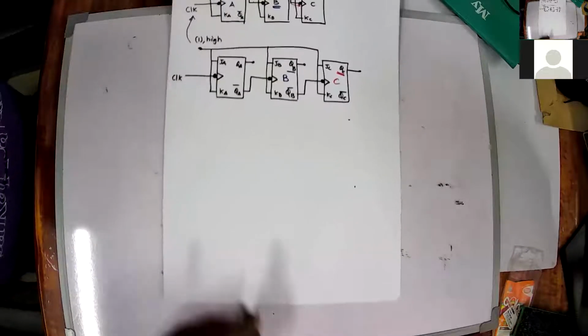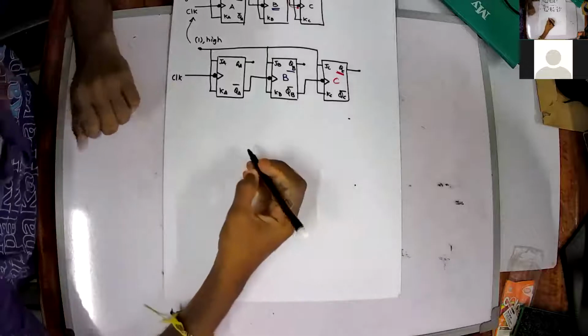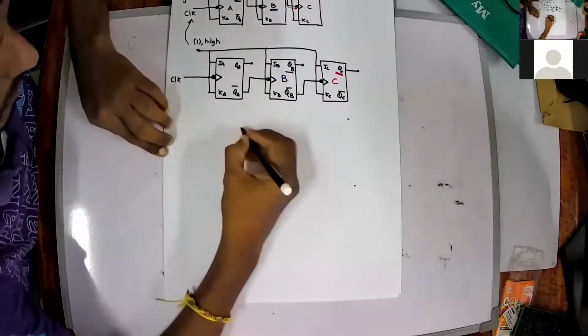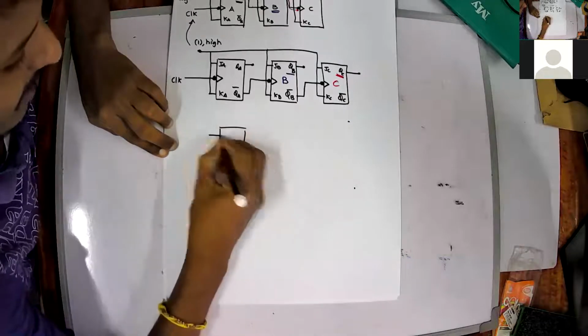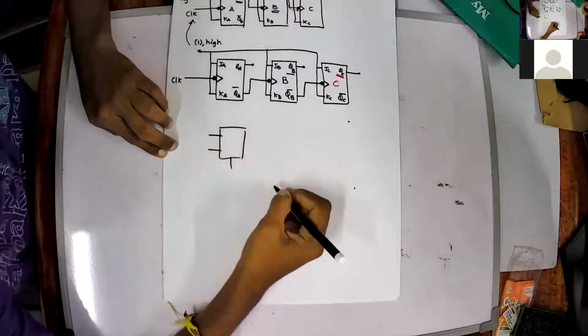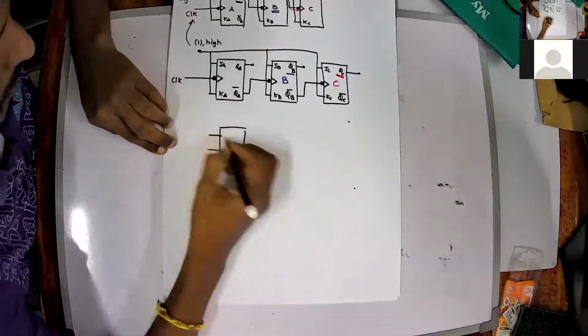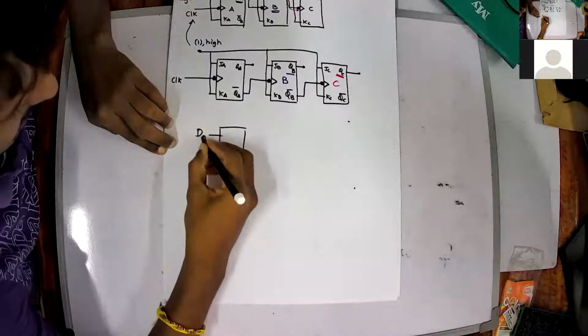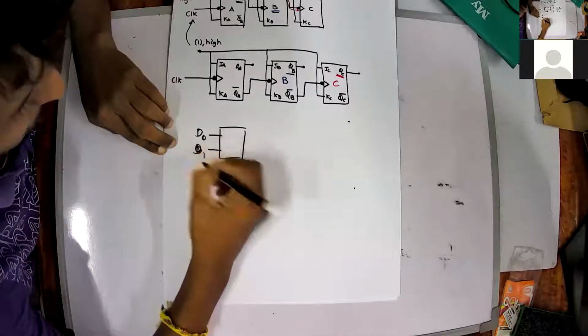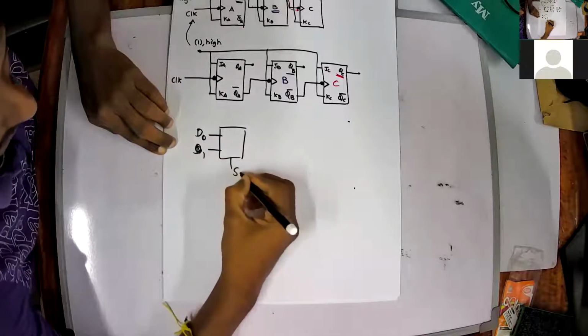As I said, a 2-to-1 multiplexer will have select signals. I can draw it. In circuit diagrams, you will have 2 lines and 1 select signal. So this will be data 0 and data 1, and this will be your select signal S0.